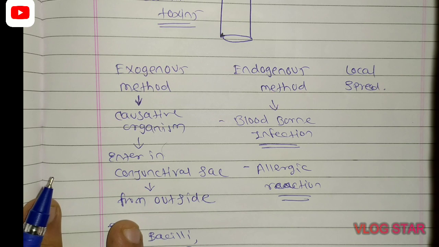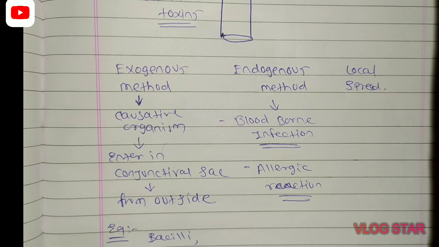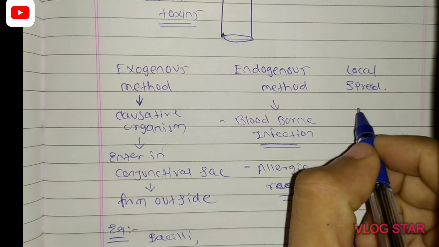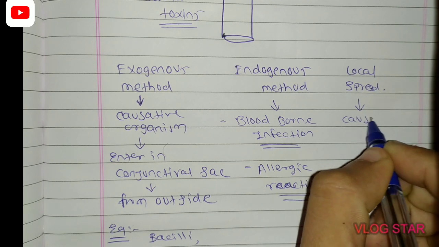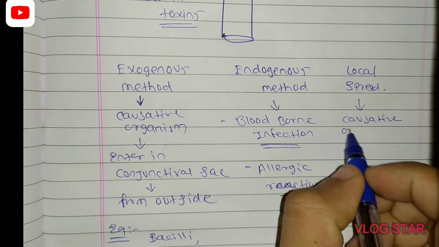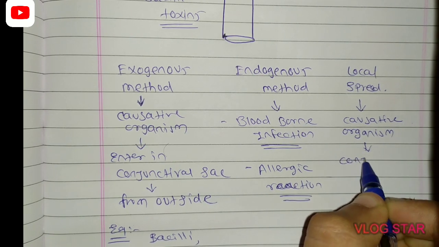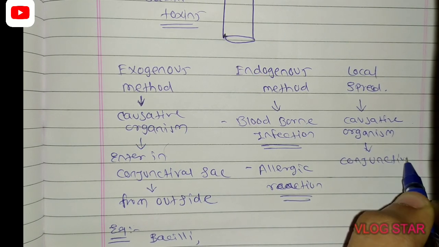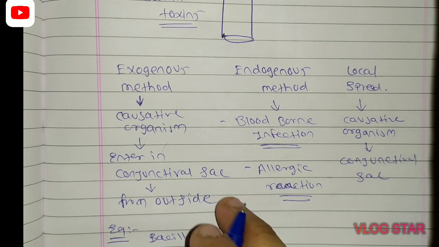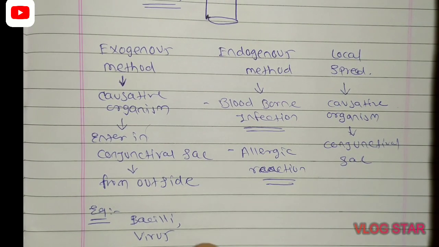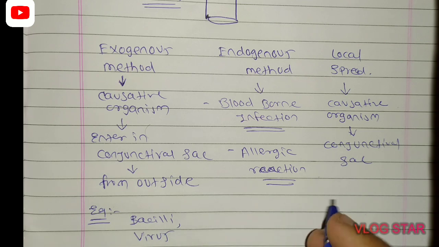So let's talk about local spread. In this local spread the causative organism enters the conjunctival sac from the neighboring structures. Neighboring structures to the conjunctiva are nothing but the lacrimal sac, lacrimal apparatus.